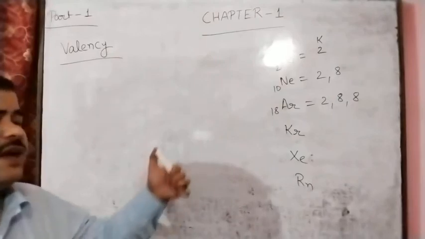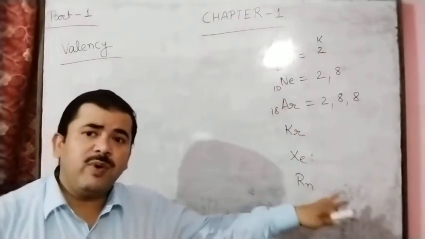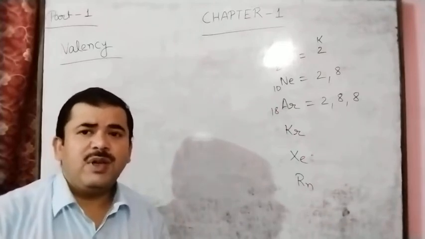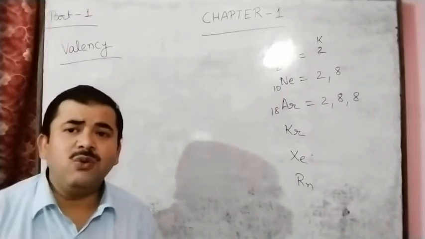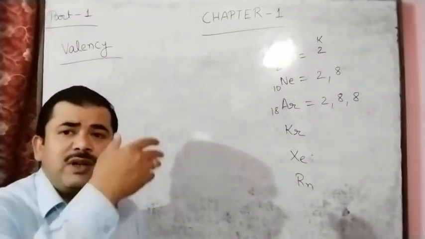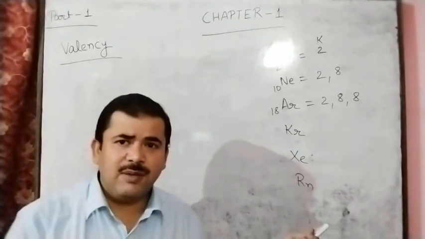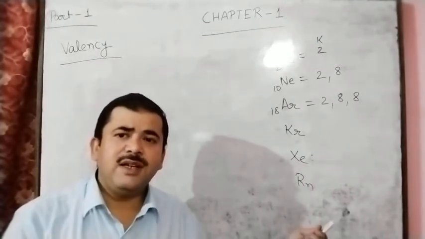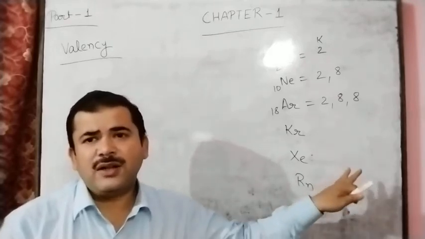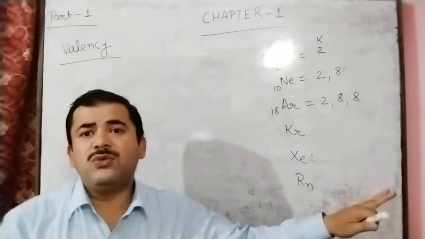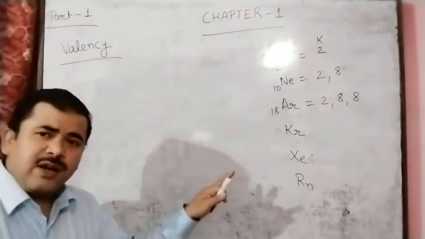So these are the electronic configurations of these elements, and they are called noble gas elements. It means no reactivity; these elements will not react with other elements because they have no need for electrons. They are totally stable. Also, inert gas elements means they have no tendency to combine with others, because they are totally stable.